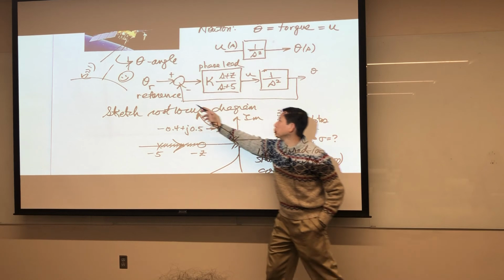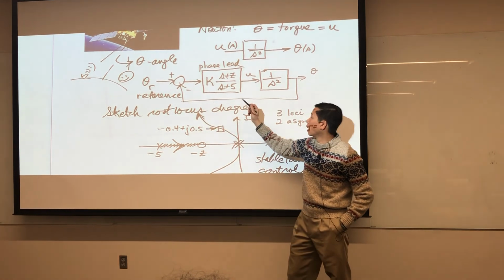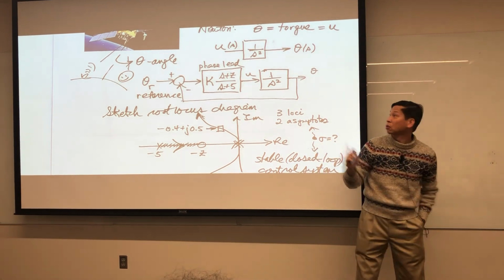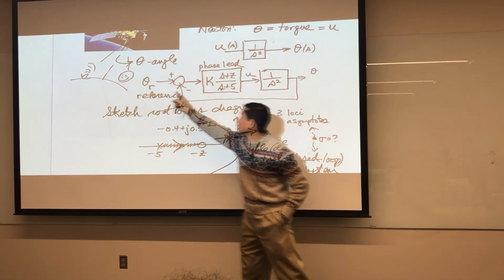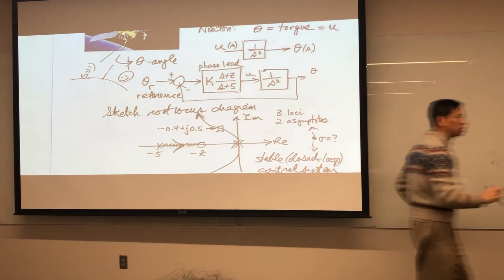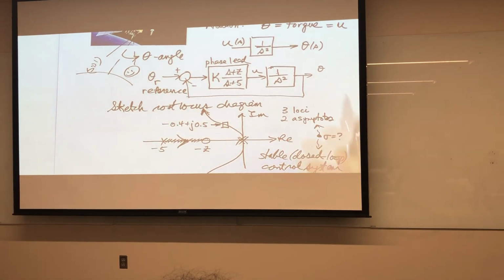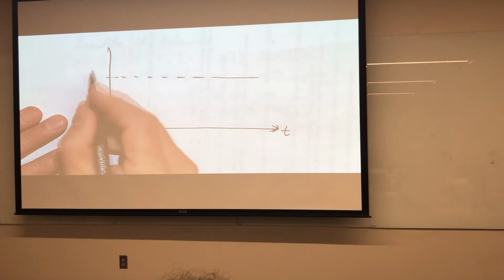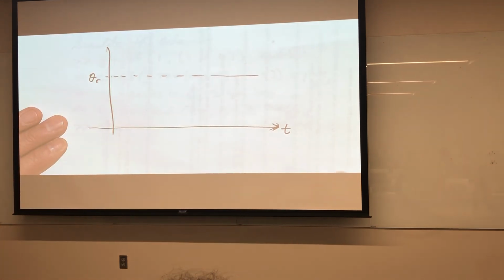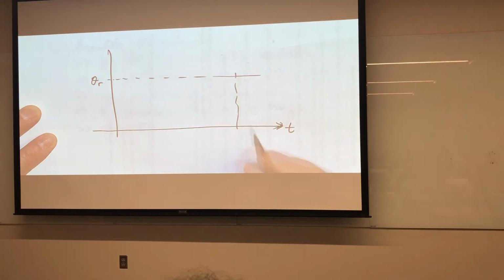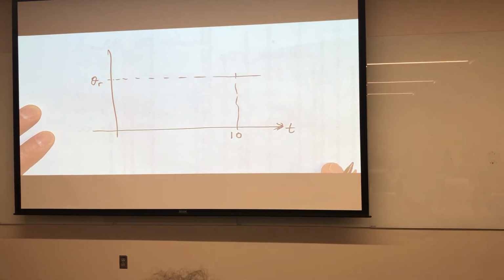If I have a step input, what will be this error if I have a type 2 system? 0. So that means this will equal to that. So if I put in a 1, if I put in a unit step here, this should settle out, and so this will be perfect. This will be equal to theta r, whatever theta r will be. And it should settle out in 10 time units.